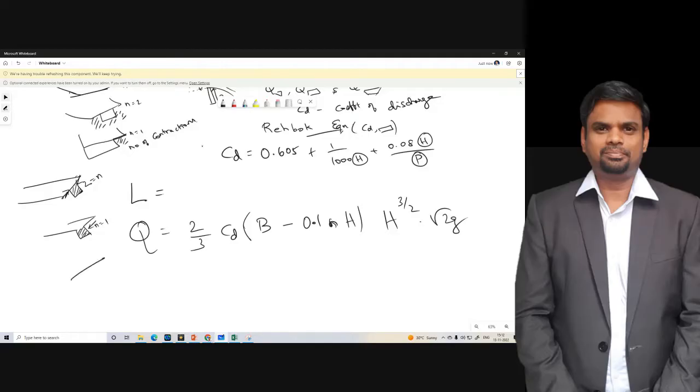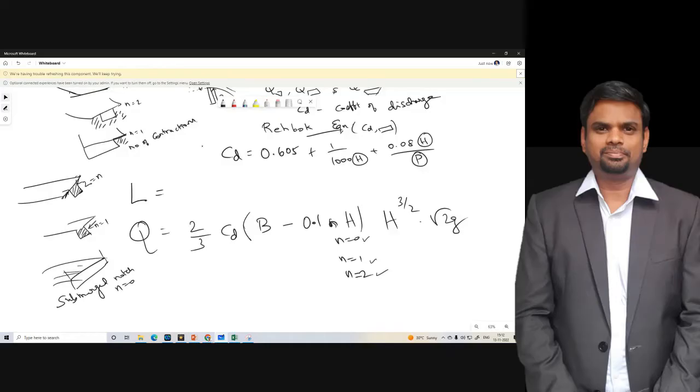When the fluid is flowing all over the notch, that means the contraction is 0. That is called a submerged notch, so in that case n equal to 0. So we substitute n equal to 0, 1 and 2 when the number of contractions equals 0, 1 and 2 respectively, and B and H are standard.